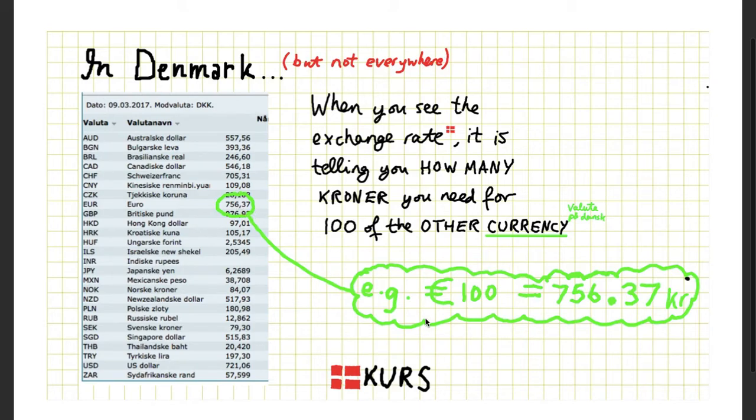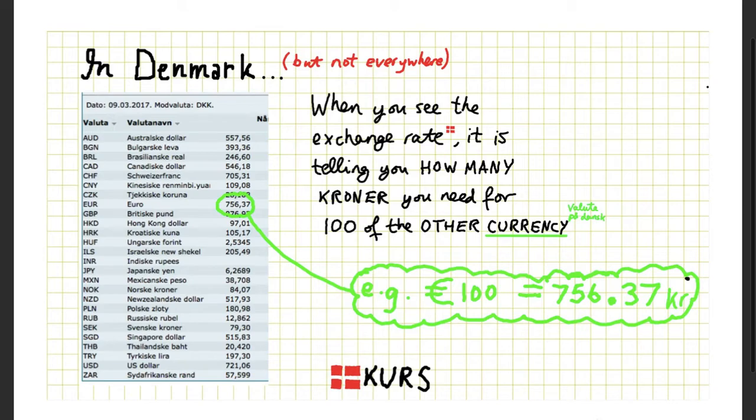So that tells you that if you want 100 euros, it's going to cost you 756.37 krona. All of these are the prices in krona of 100 of the other currency. So that is not necessarily a unique thing, but a thing that's peculiar to Denmark.